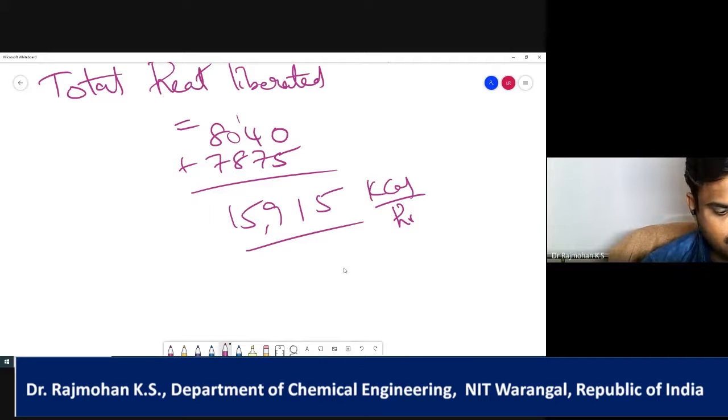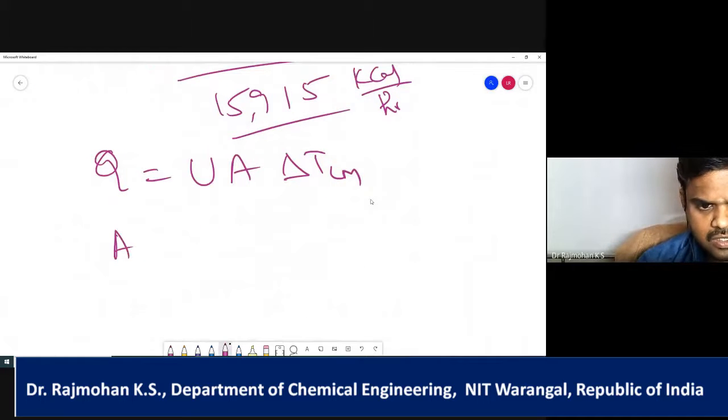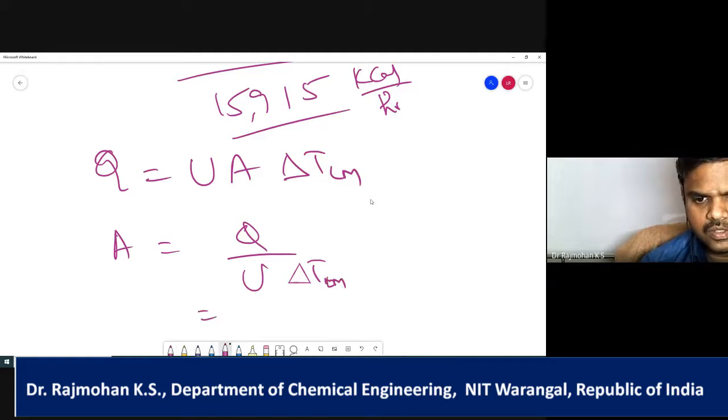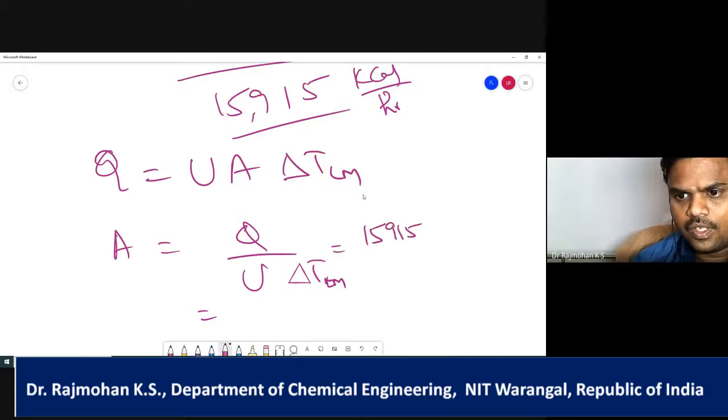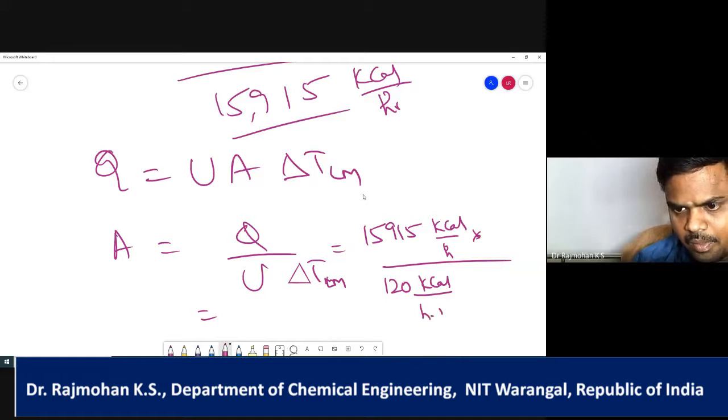Now this is your Q value. We know that Q equals U A delta T logarithmic mean. We have calculated delta T logarithmic mean. The only unknown parameter here is A. So A is equal to Q by U delta T M, which is equal to, let me substitute here, 15915 kilocalories per hour divided by the U value. What is the U value? U is given as 120 kilocalories per hour meter square degree Celsius, into delta T logarithmic.